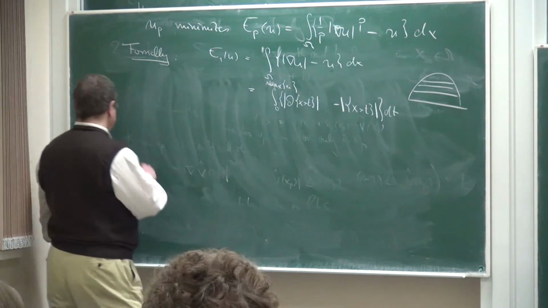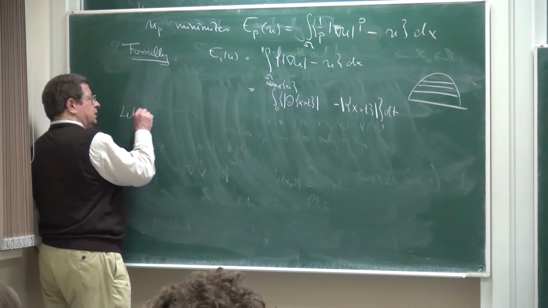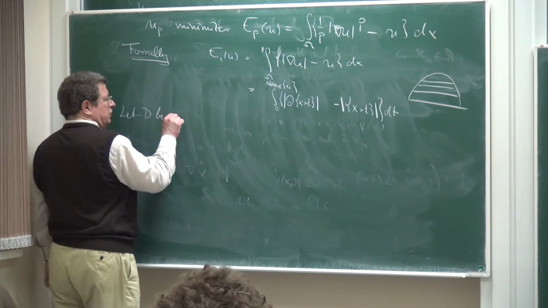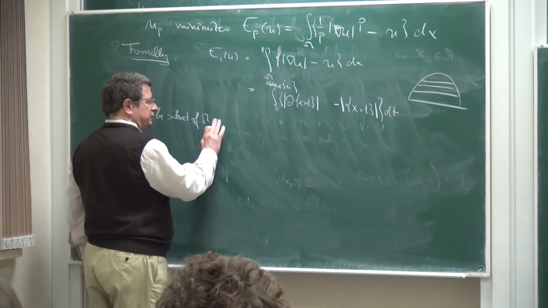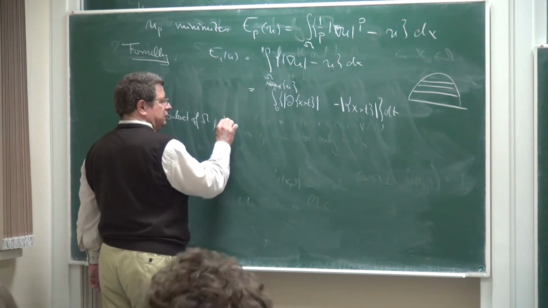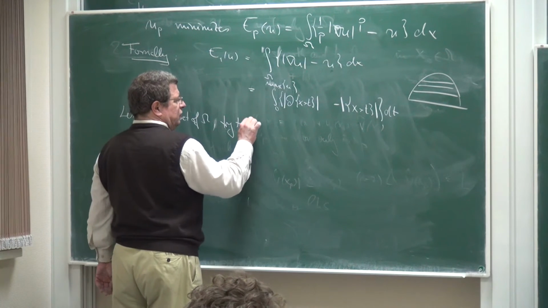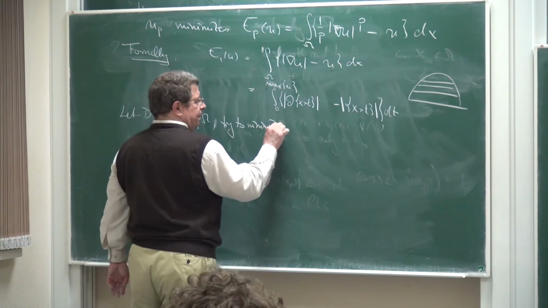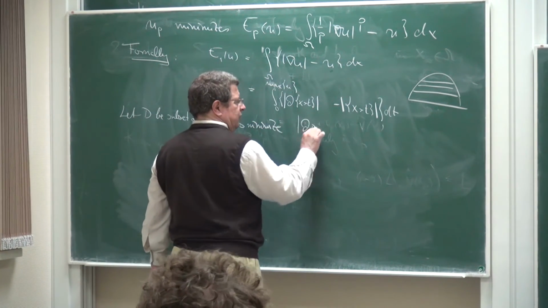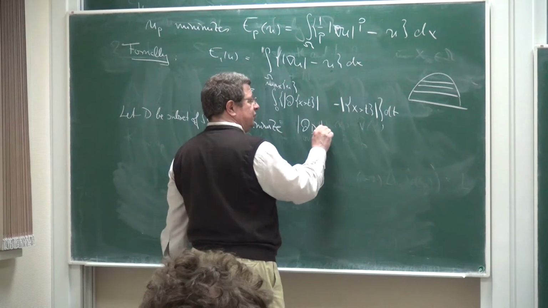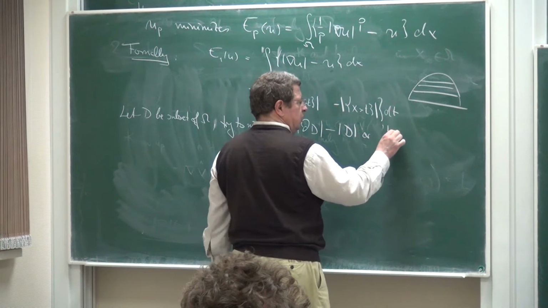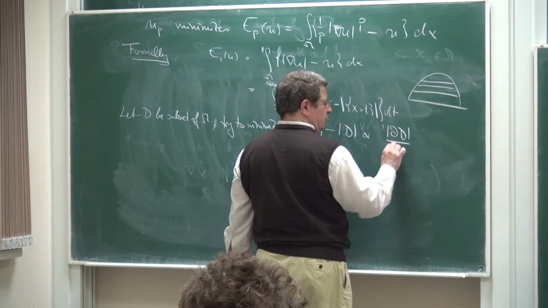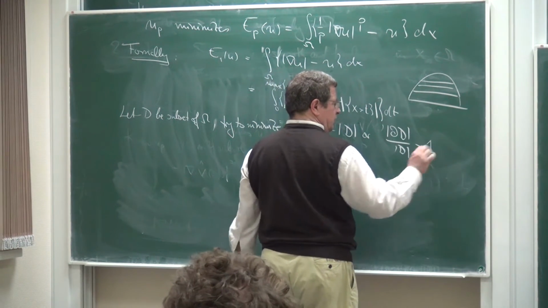So let D be a subset of omega. Try to minimize the length of the boundary of D minus the volume of D, or the ratio minus 1.